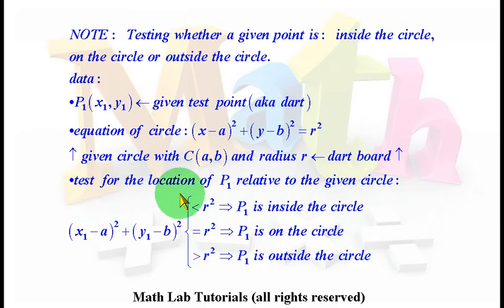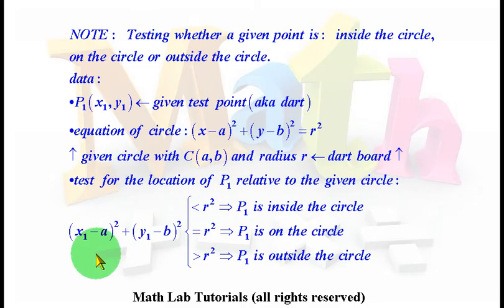Test for location of P1 relative to the given circle. Okay, we know what x1 is, we know what y1 is, we know what a and b are. This is the left-hand side of the standard form. So we know this number. a and b are just the center of the circle. x1 and y1 are the coordinates of the given point, or the dart.